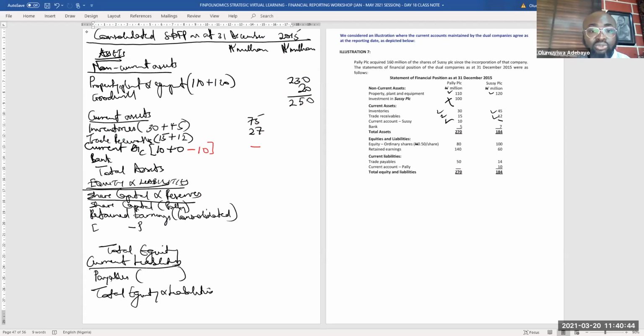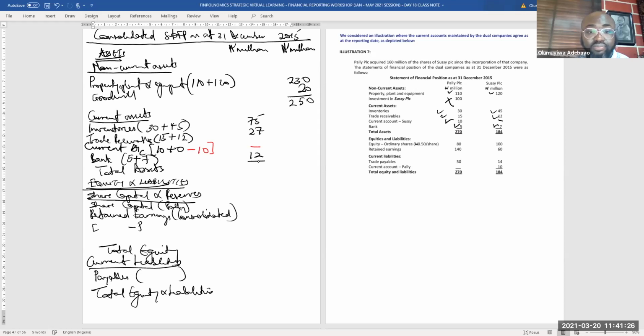That is how we have eliminated the balance. Bank, 5 and 7, which is 12.